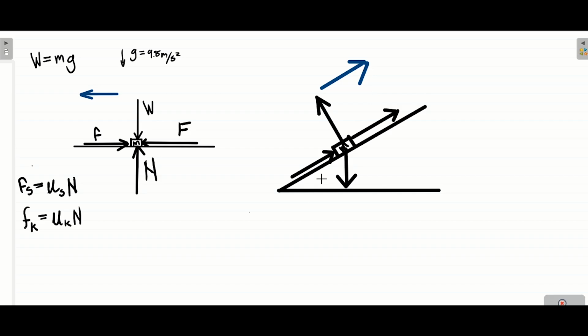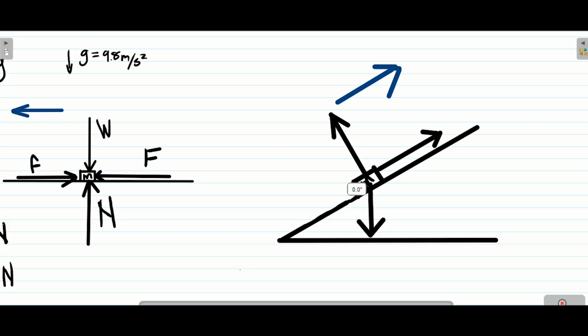And if it moves in that direction, that means that this frictional force will act in the opposite direction, since it opposes motion.